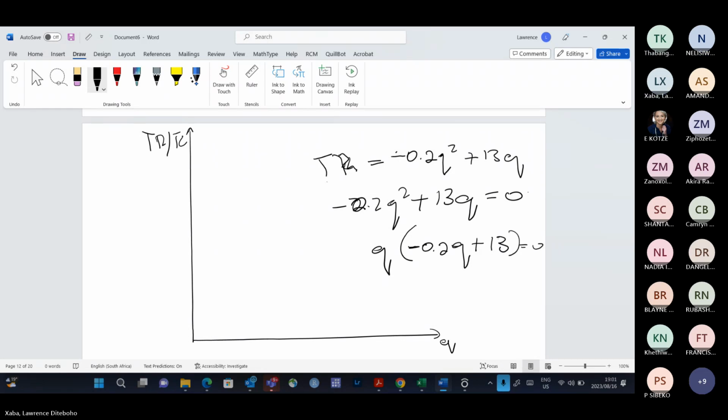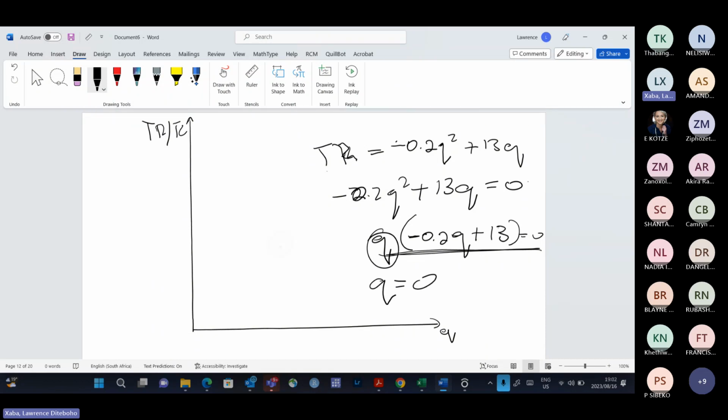Equals to 0. So if we are simplifying this, remember we are simplifying with the objective of having a value that will represent our q. We'll come back to the values of q that we calculated. Because q is taken out, automatically q is equal to 0.